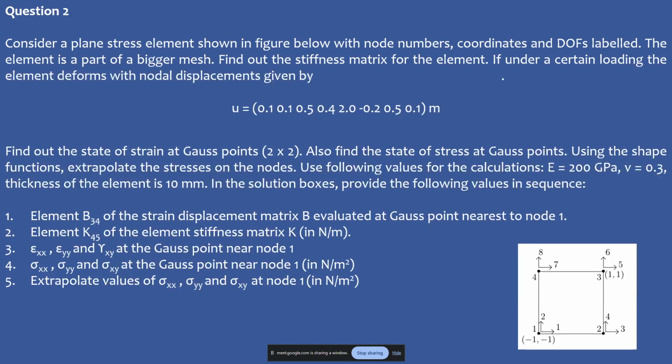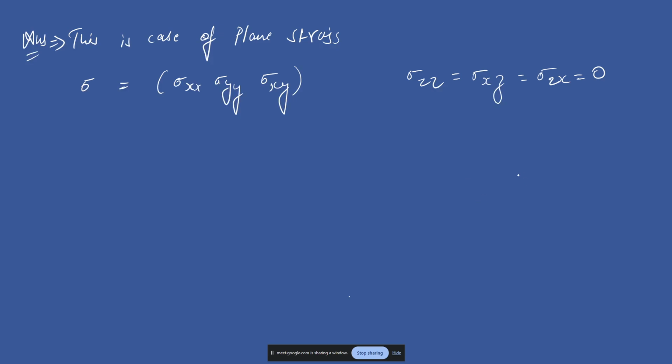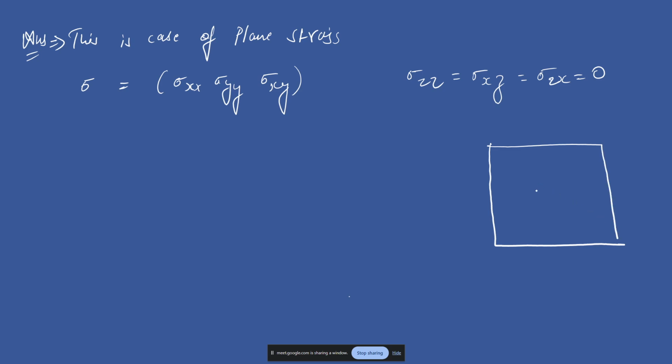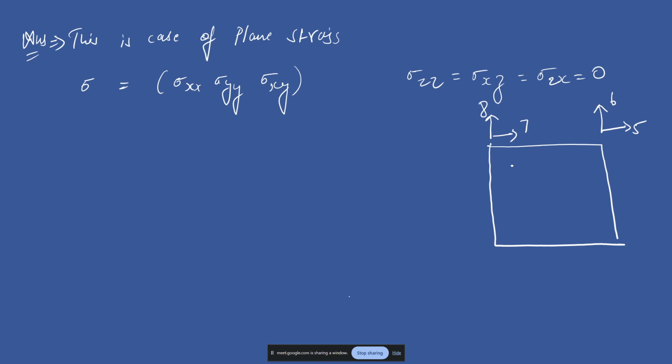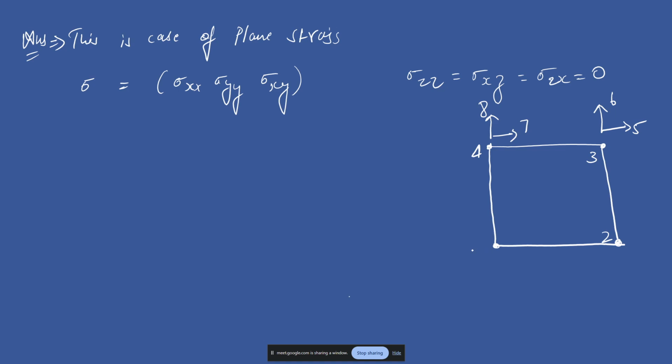So the figure which has been given to you is like this. This is a plane stress figure. The displacement vectors are 8, 7, 5, 6. This is node 4, this is node 3, this is node 2, this is node 1.